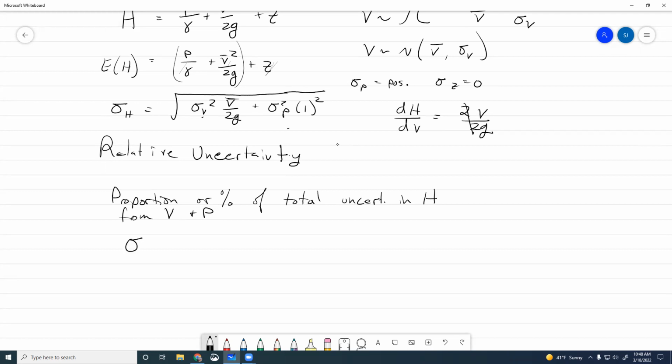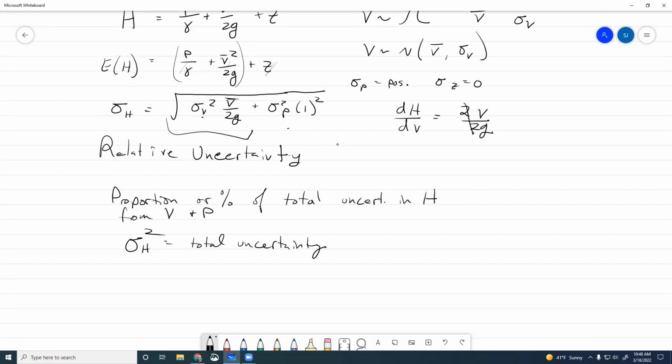Well, we know we can calculate a total uncertainty. So we'll just say this is the total uncertainty or total variance. So this would be our denominator, right, if we want to do the proportion. And so all we need to do then is say what is each element. We can take each of these elements out.